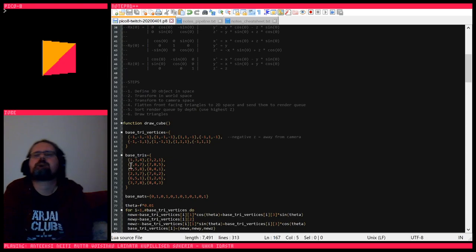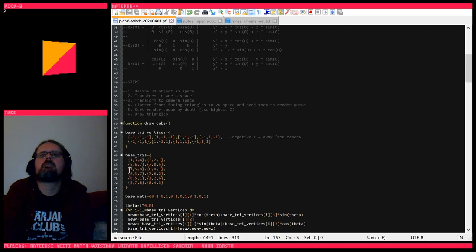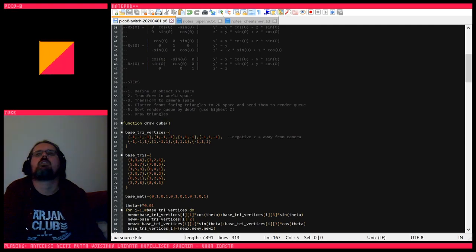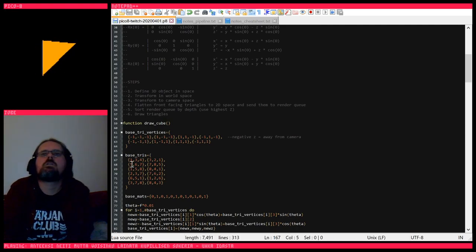Let's see. Okay, I'm gonna put it spinning there so you can have something to look at while I'm figuring out this mess. So this is supposed to be the left side, I think, yes.